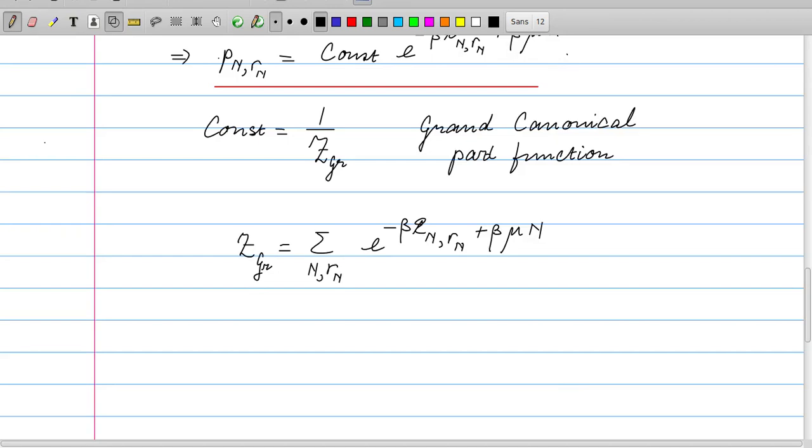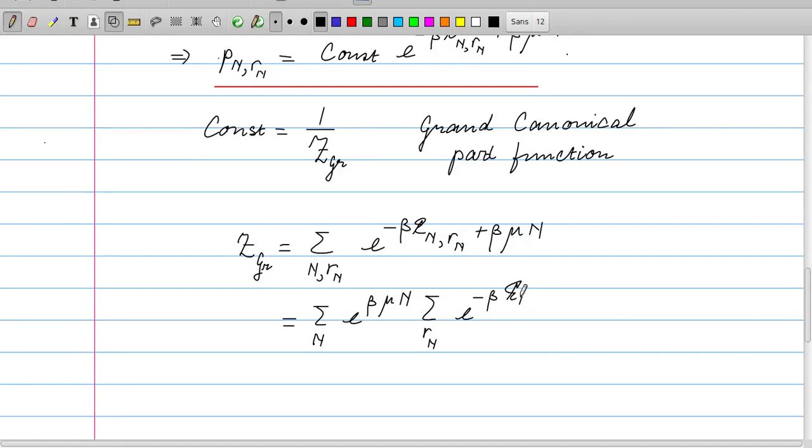And then there is this Boltzmann factor, and there is this extra factor of e to the power beta mu N. And we see that we can just perform first the sum over the N's, and we can then write this expression as e to the power beta mu N, and then we have a sum over all the particle states of N particles with the Boltzmann factor.